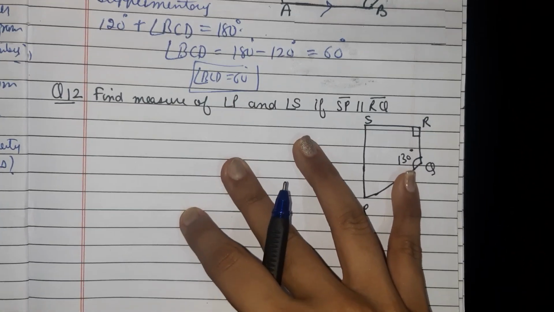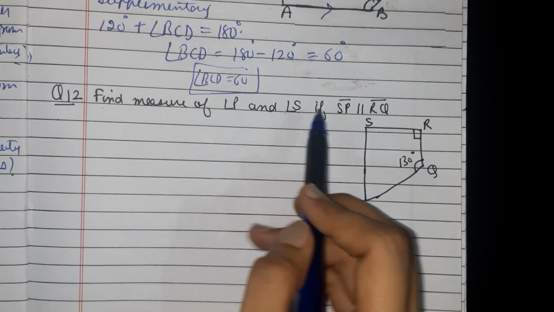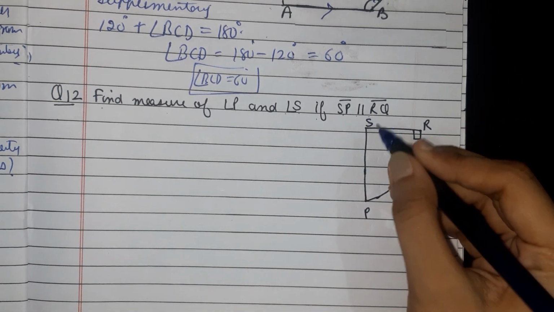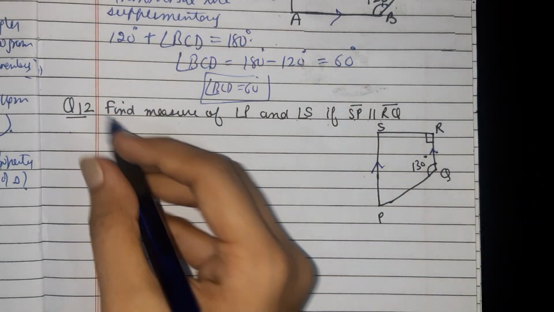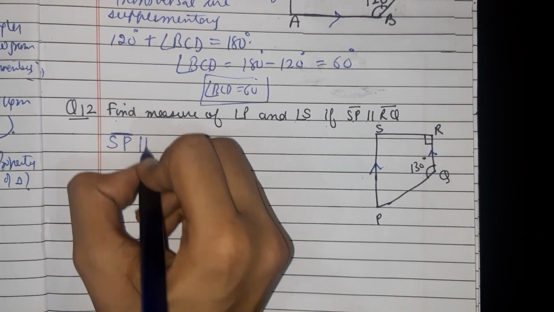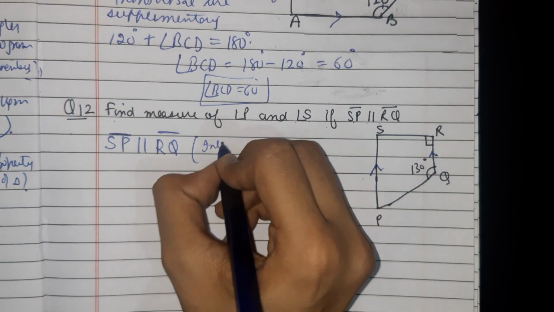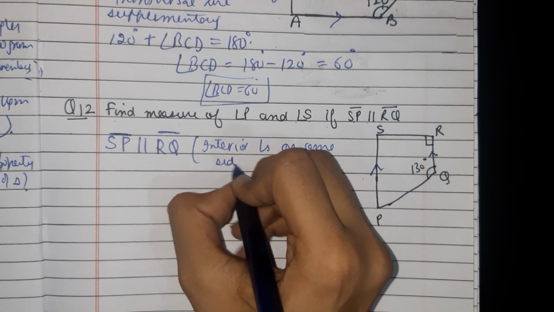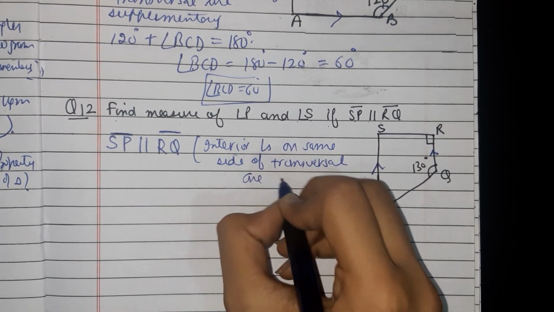Now let's move on to the last question of this exercise. Find the measure of angle P and angle S if SP line segment is parallel to RQ. That is, SP is parallel to RQ. Again, we have done that if two lines or two line segments are parallel, that means the interior angles on the same side of the transversal are supplementary.